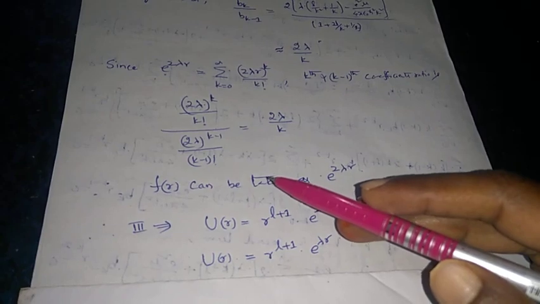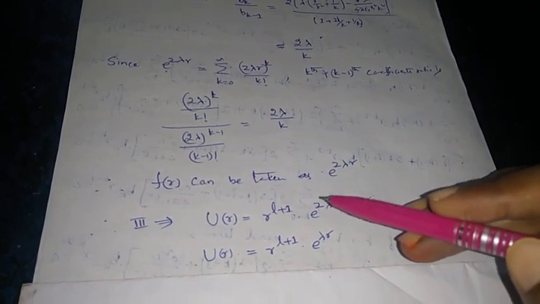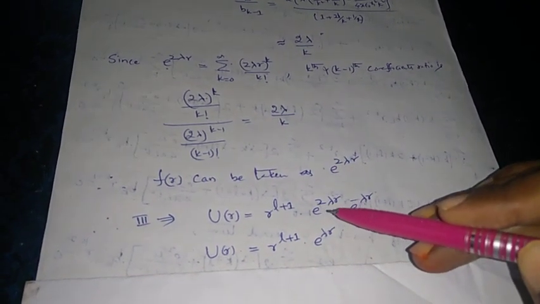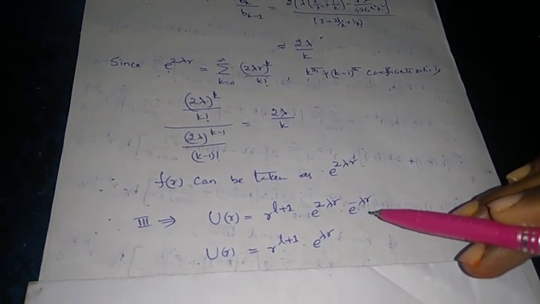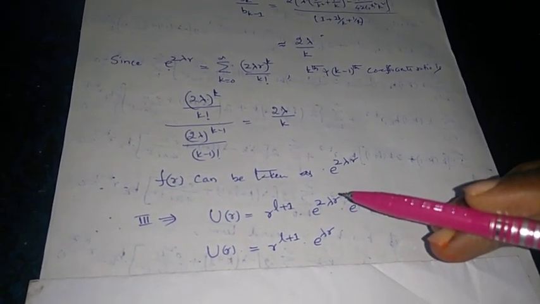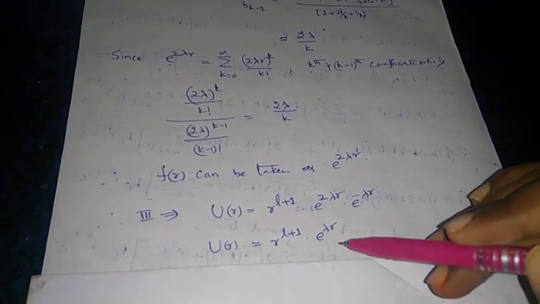So we can say that f(r) could be e^(2λr). Therefore, the solution which we had taken for u as r^(l+1) times e^(-λr) times now e^(2λr) will turn into this form.